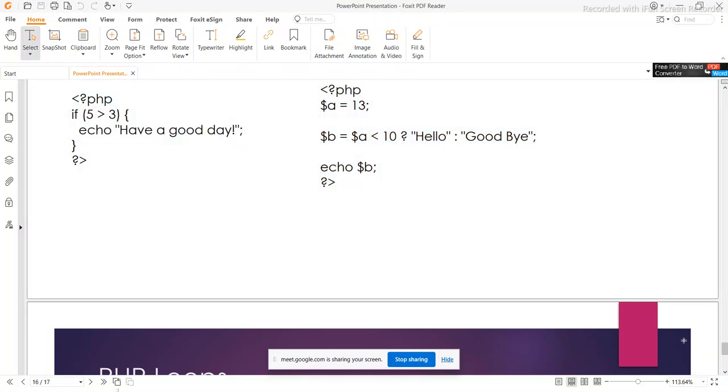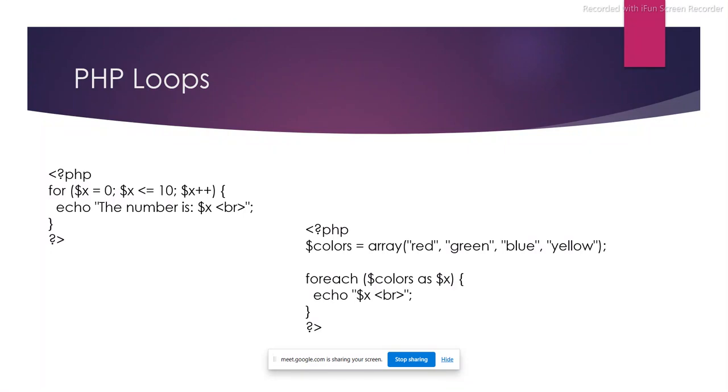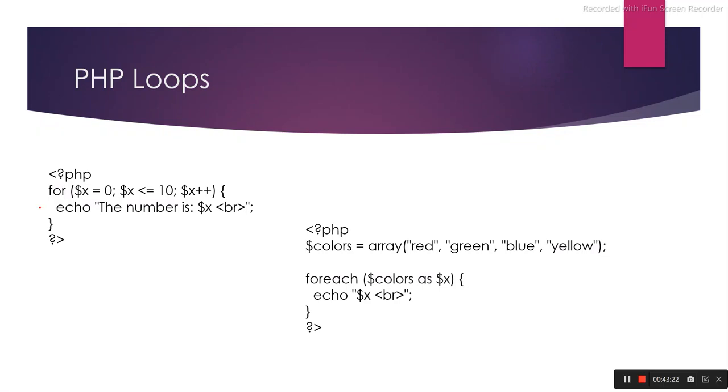Next we are moving on to loops. Loops work the same way as in other languages. For, then you have initial, then the terminating condition, then increment. x is 0, x less than 10, x plus plus, means it will print from 0 to 10.